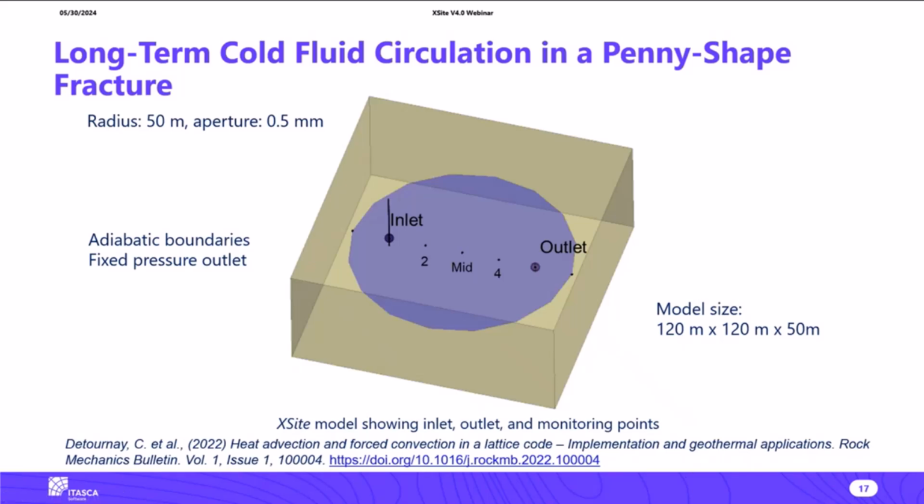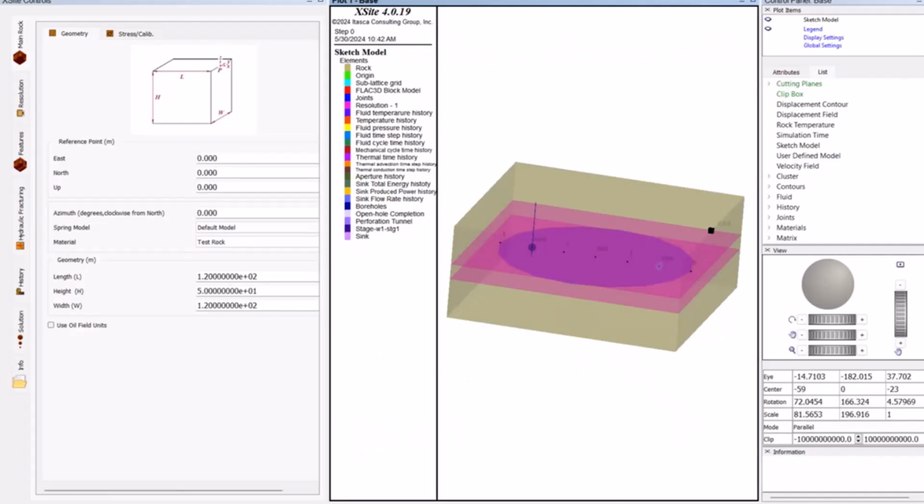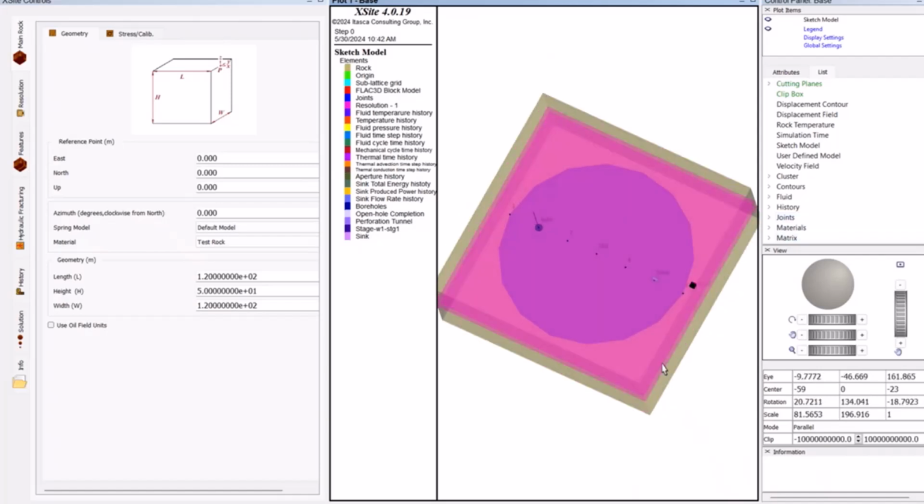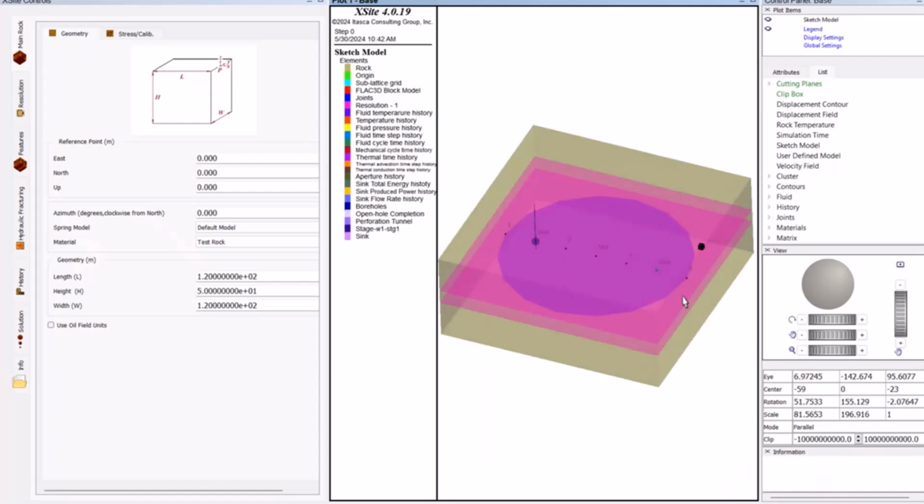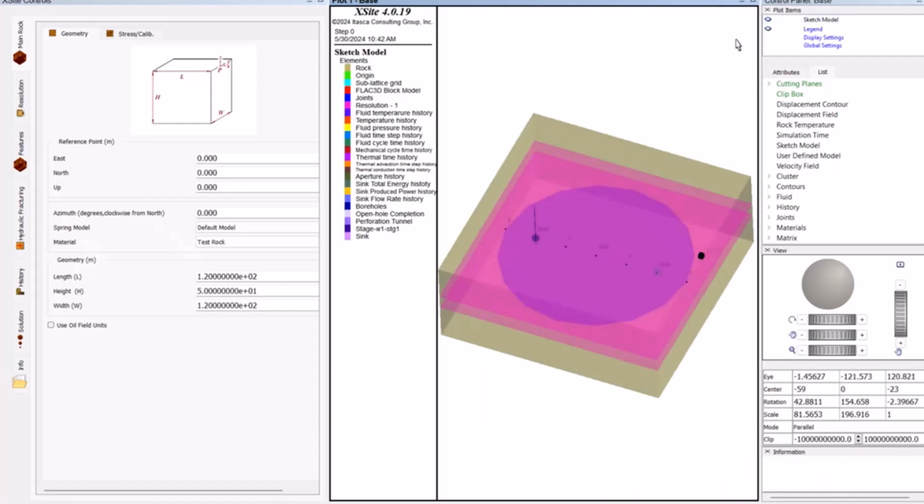So what I'll do, I'll open the ExSite model. So here is the geometry of the model, which is shown in the sketch model.